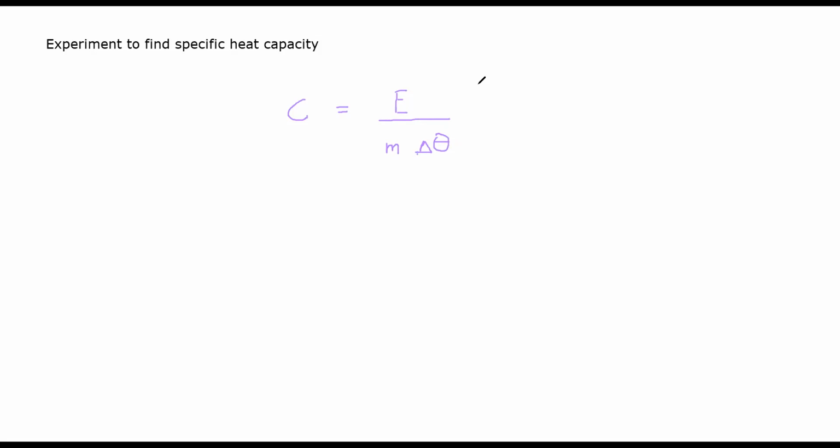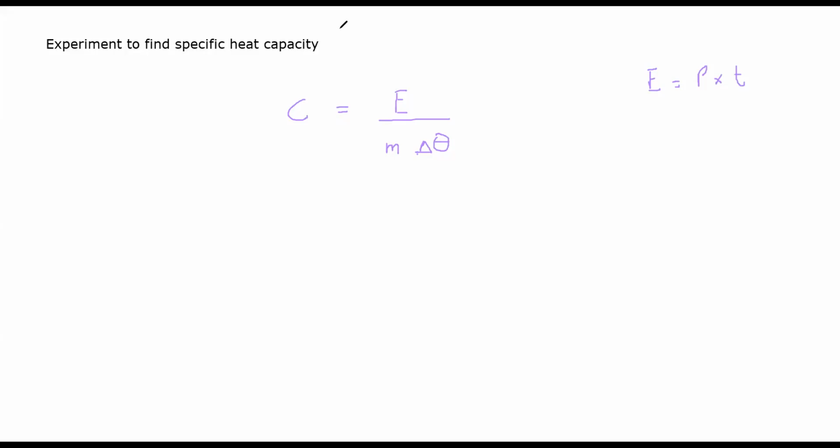But practically, as we discussed yesterday, we use electrical heaters to supply energy. So what is the formula for energy when you use an electrical heater? That's equal to power multiplied by time.